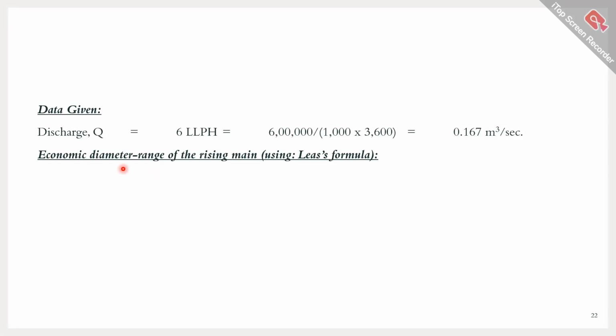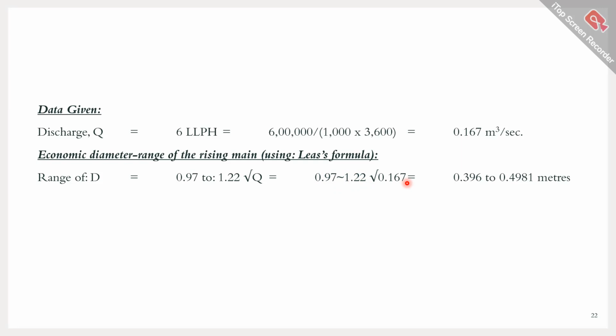Now the economic diameter range of the rising main is given by using Lea's formula, which is nothing but the range of D is 0.97 to 1.22 into root over Q. Q we have calculated in meter cube per second, and this is the range of the coefficient between which it will vary, 0.97 to 1.22.